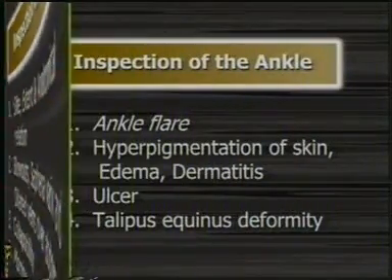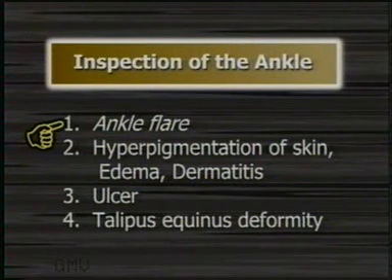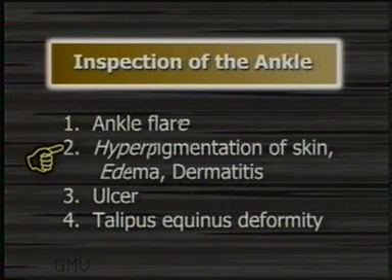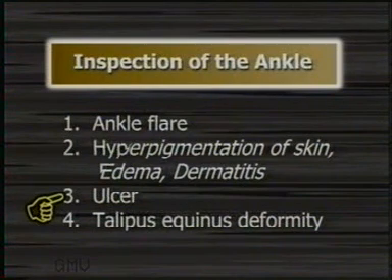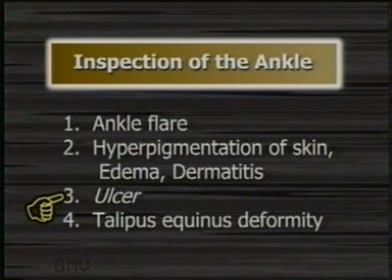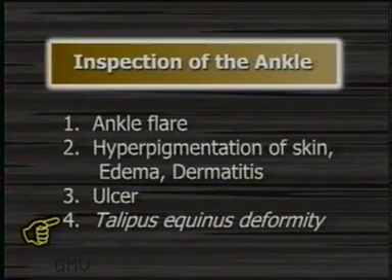Now inspect the ankle and the lower third of the leg for ankle flare, hyperpigmentation of the skin, edema, dermatitis or ulceration, and if a varicose ulcer be present, look for talipes equinus deformity of the ankle.